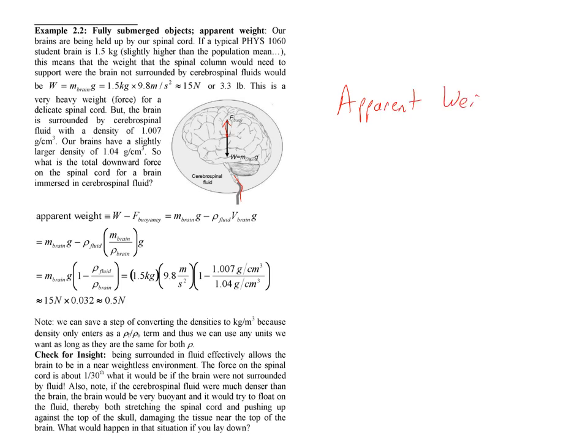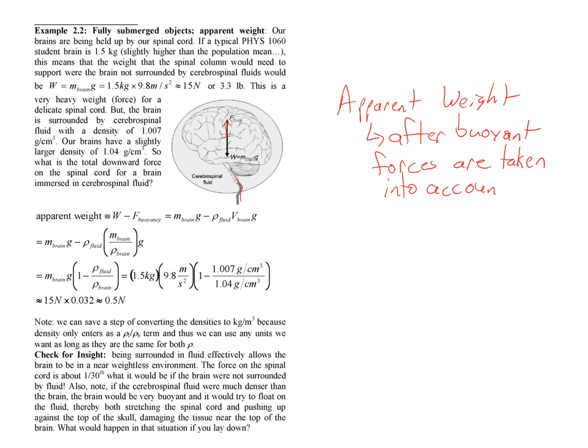The apparent weight is basically the weight of an object after buoyant forces have been taken into account. Without those buoyant forces, your brainstem would not be able to support your brain, because your brain is actually quite heavy. But when we account for those buoyant forces, the apparent weight of the brain is only about half of a Newton, and so it's quite reasonable to expect the brainstem to support that kind of weight.